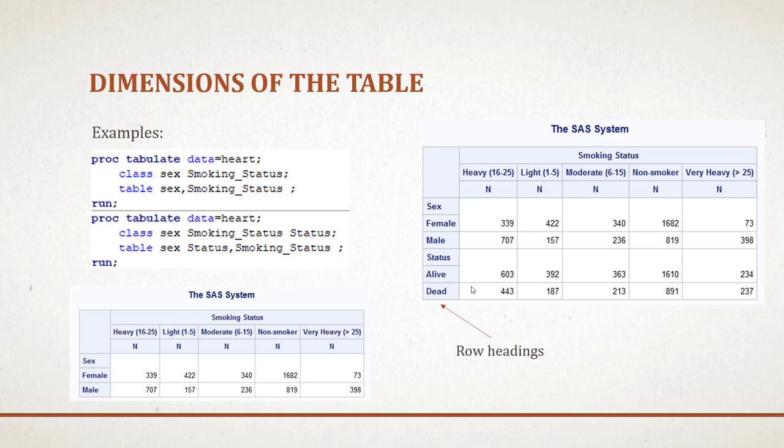To summarize again, the table on the left has gender as the row variable. We see that here. So it displays counts by smoking status by gender. The table on the right, looking here, has both gender and living status as the row variables. It displays counts by smoking status by gender or by living status.